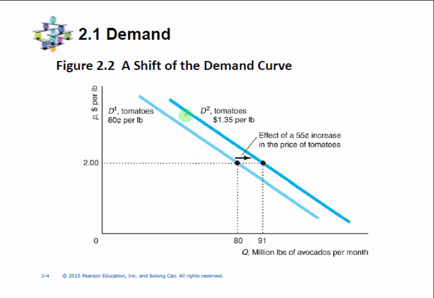So they demand more avocados. And when they demand more, the demand curve shifts to the right. So we can say the demand curve shifts to the right or shifts outward. That means an increase in demand.